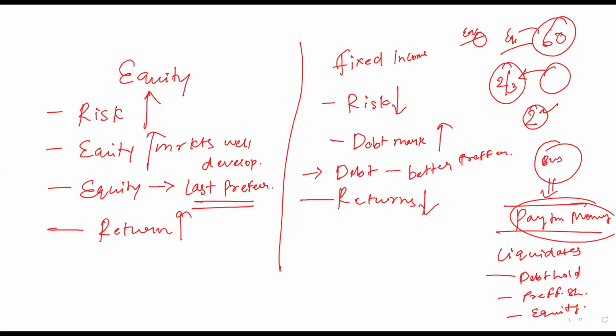PJ is asking, if bonds are way less risky, then why do we prefer equity? Yes, we need stable income, that is one of the reasons. But why we prefer equity depends on the risk profile of an individual. If I want more returns, debt is not sufficient to give me better returns as compared to equity. So that is why I prefer more risk and more returns. That is why I would invest in or prefer equity over debt.